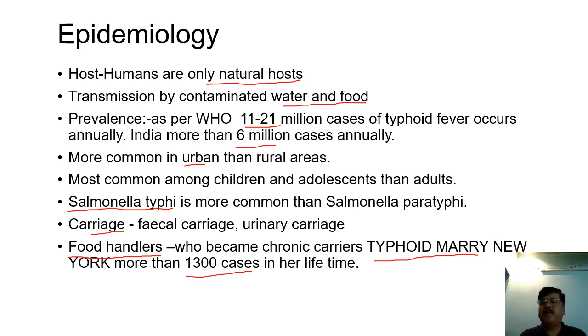That is the example of how food handlers are responsible for initiating outbreaks of enteric fever. So screening of food handlers for enteropathogens is a very important aspect, and we should do it in healthcare settings to prevent hospital acquired infections.